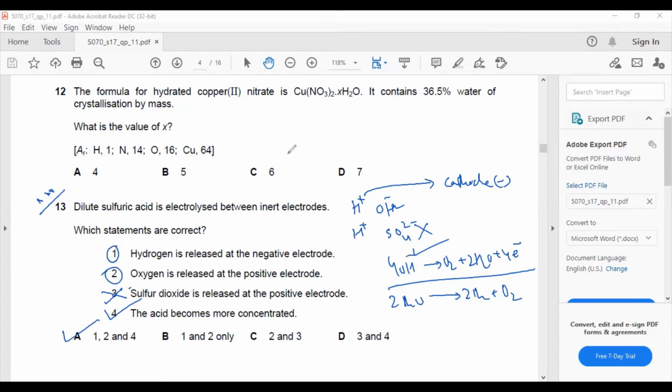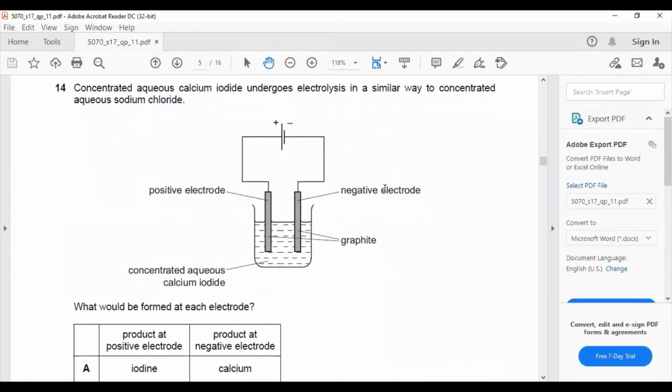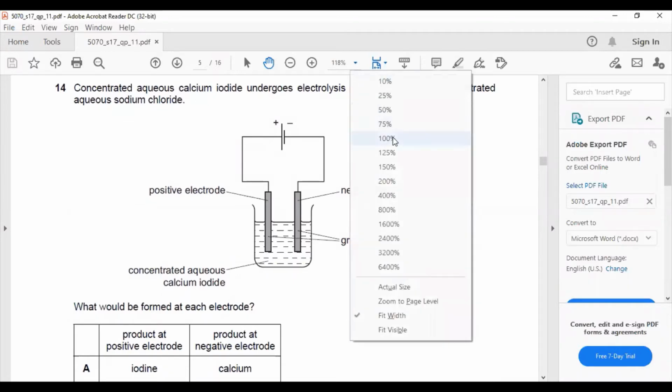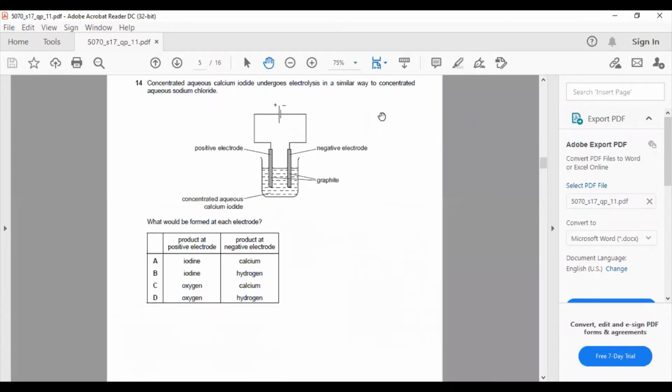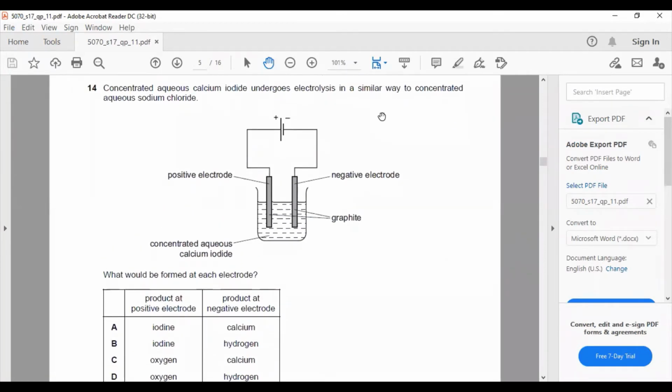1, 2, and 4. Again, electrolysis. Whenever it is an electrolysis question, what you have to do first is write the ions, because aqueous has H plus and OH minus.